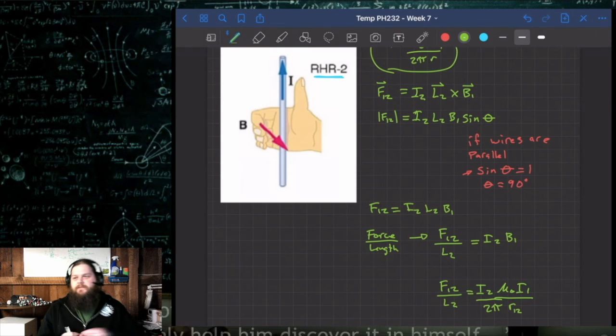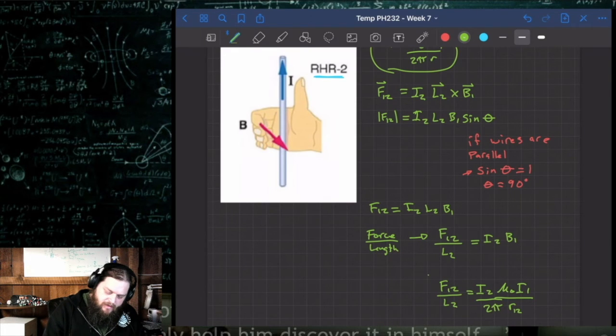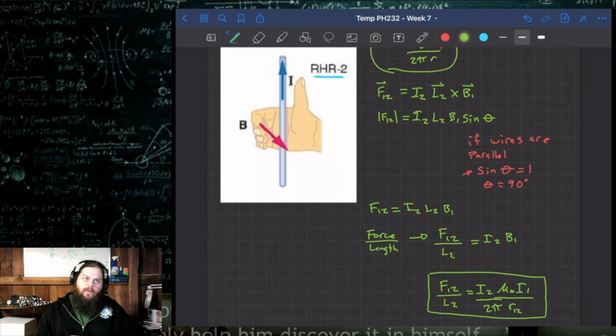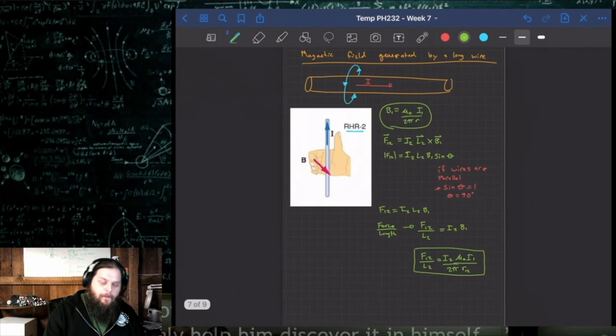And this is an equation that we're going to use often to see the force that one electric wire has on other electric wires next to it. We're going to do a problem with that right here.